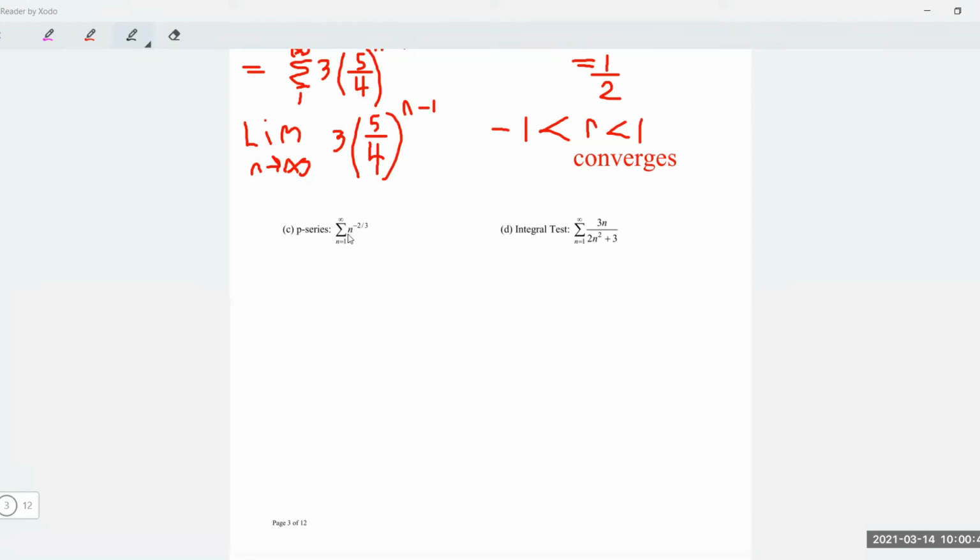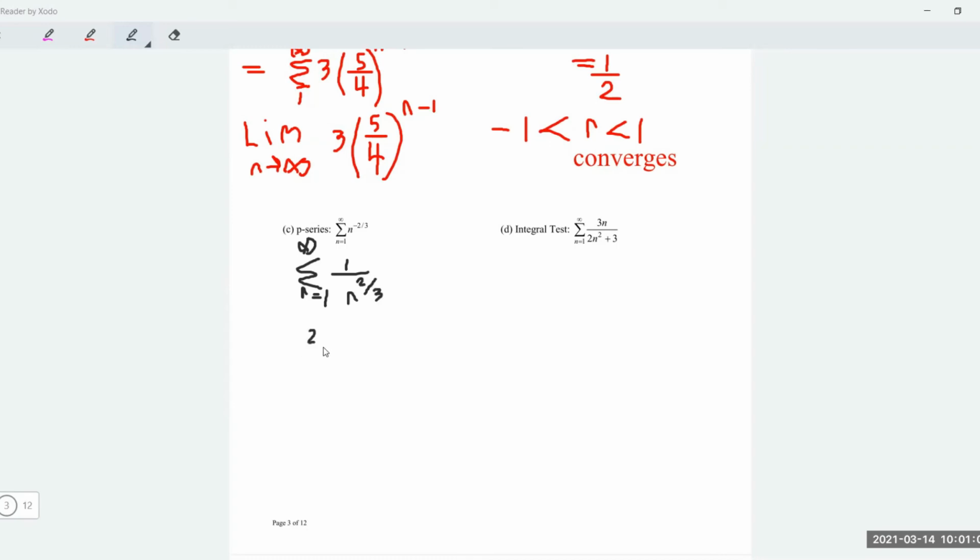Anytime the power is greater than 2, it converges. So you'd have to rewrite this as the sum from n equal 1 to infinity of n to the minus 2 over 3, which is 1 over n to the 2 over 3. That's what we have.